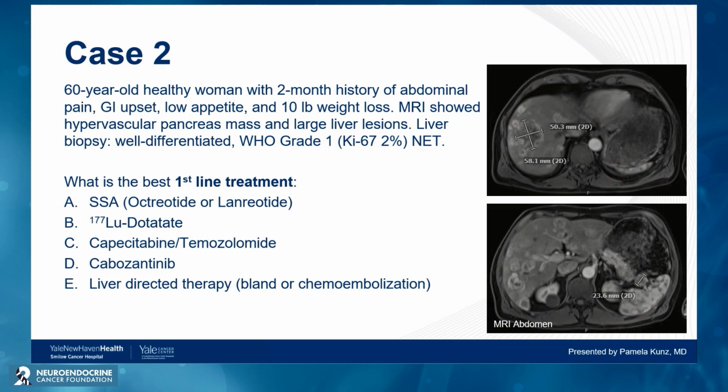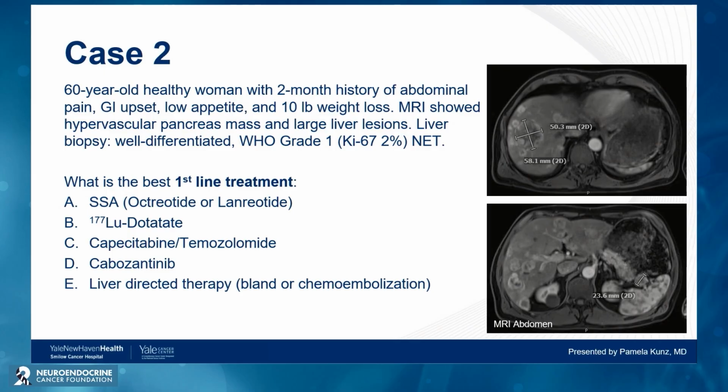A liver biopsy showed a well-differentiated grade 1, Ki-67 2% NET. These are both MRIs. In the upper panel, you can see a large liver lesion that's up to 58 millimeters or close to 6 centimeters, sort of the size of an orange. On the bottom panel, towards the right, there's a 23 millimeter pancreas mass that's over along the right side.